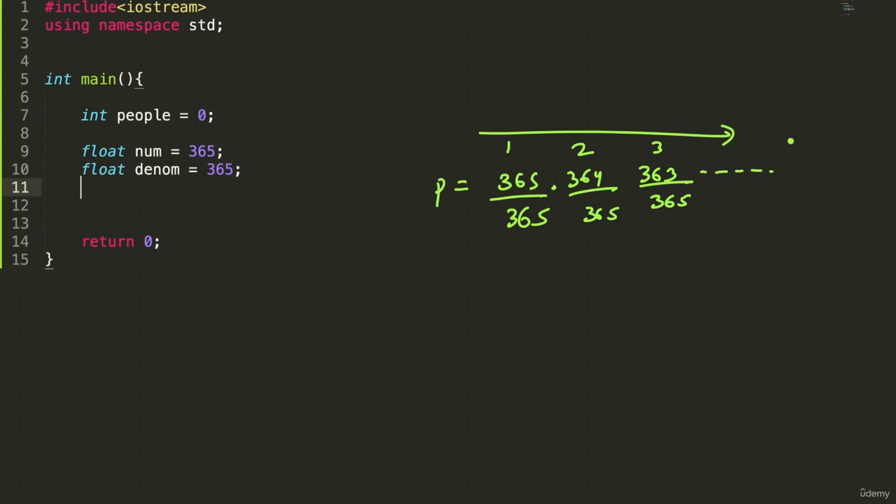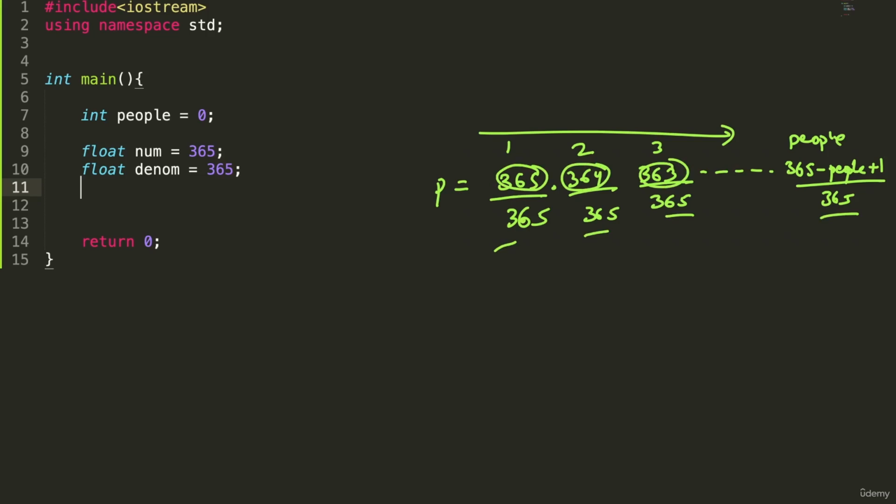So for a given number of people, it would be 365 minus people plus 1, upon 365, because this is the general pattern. The numerator is continuously decreasing, the denominator is the same.